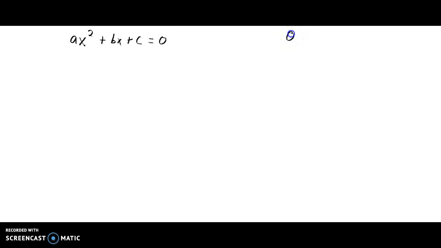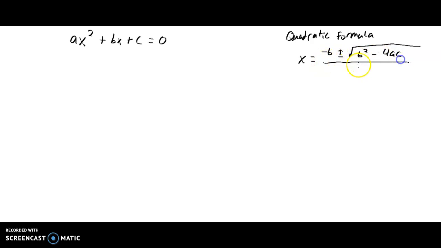So our quadratic formula is going to be this: x is equal to negative b plus or minus the square root of b squared minus 4ac, all divided by 2a. So some of you may have read in the book, or may have seen in another video, how we get to this formula, but I want to go over it with you just so that you can become more comfortable with it. So our goal is to always solve for x.